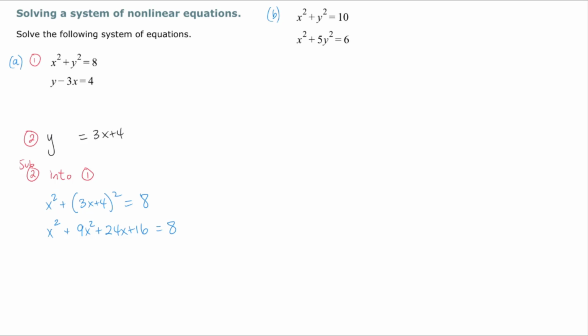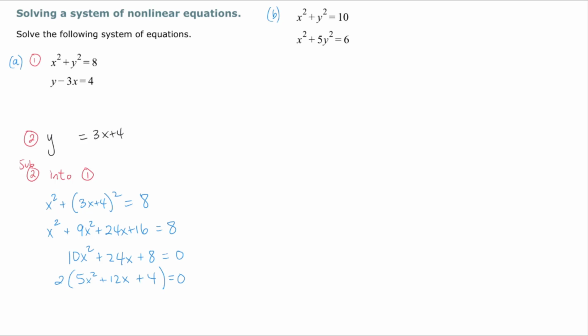It is equal to 8. And of course, for quadratic equations, we would like to set the equation equal to 0. So let's try 10x squared plus 24x plus 8 is equal to 0. There is a greatest common factor here, so let's factor out a 2. So we get 5x squared plus 12x plus 4 is equal to 0.